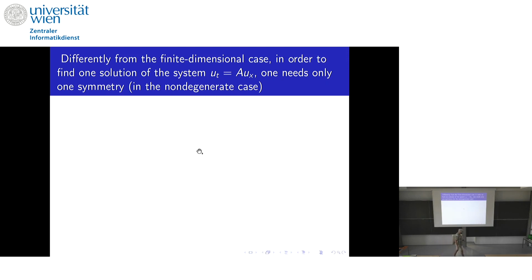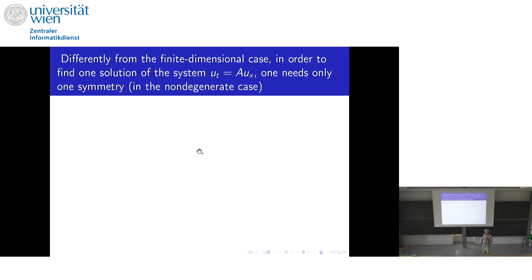So in the finite dimensional case, we have seen we need to know a lot of objects, well, n-1 objects, to integrate the system. And you probably expect to see n-1 objects as well, but n is infinity, so you may expect to see infinitely many objects.